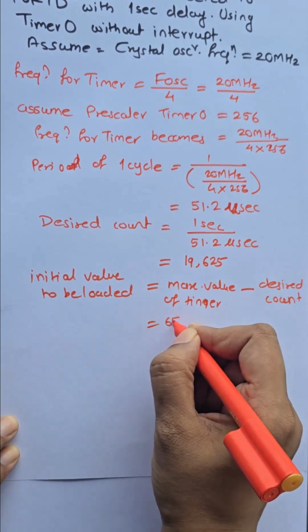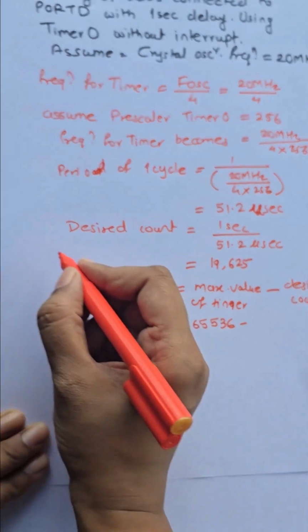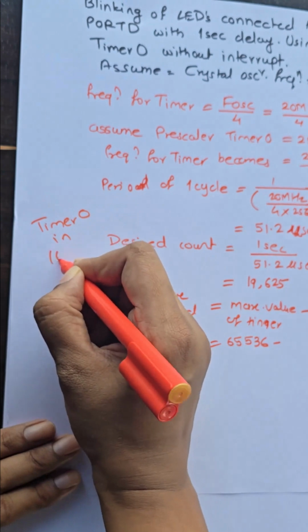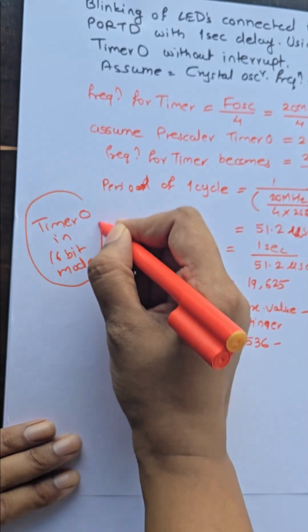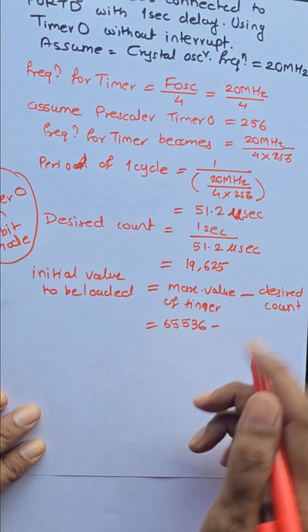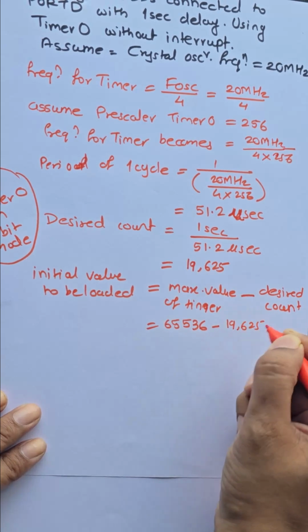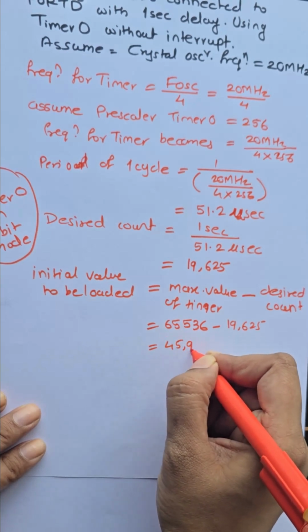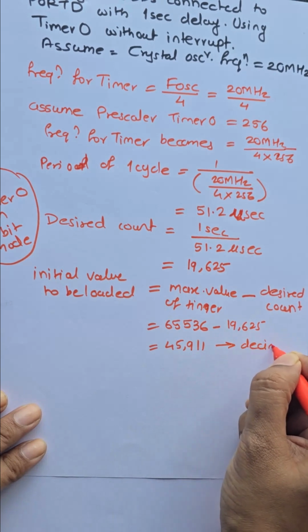The maximum count will be 65,536, as we are operating timer 0 in 16-bit mode. So 65,536 minus the desired count 19,625 gives us 45,911.